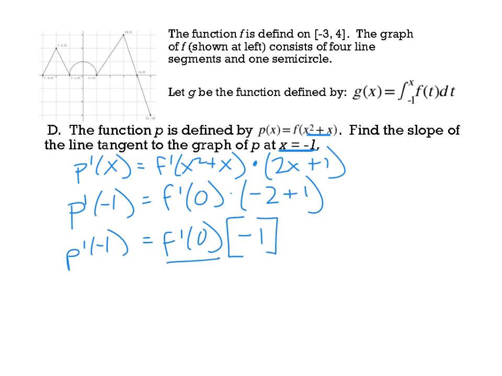Now f prime of 0 is the slope of f at 0. So remember way back we said at x equals 0, your slope is 0. There's a horizontal tangent line. So this is equal to 0 times -1, so just 0.